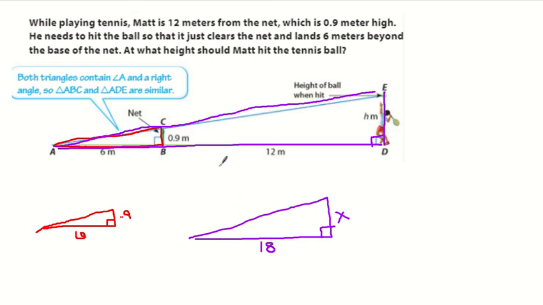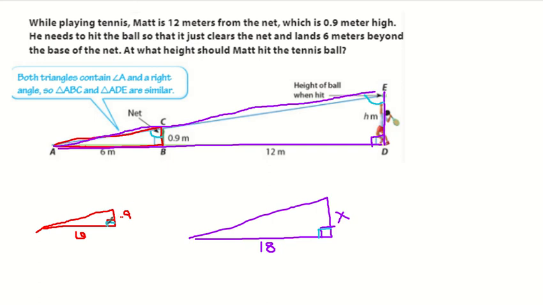So I know that these are similar triangles, and the reason is angle similarity. They both have this right angle in common, but this angle right here is also the same, because these are parallel lines. They both go at a right angle, right? So these are parallel lines, and this would be a transversal that goes across those two parallel lines.